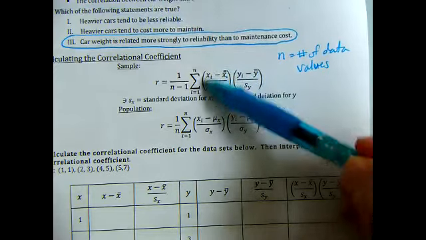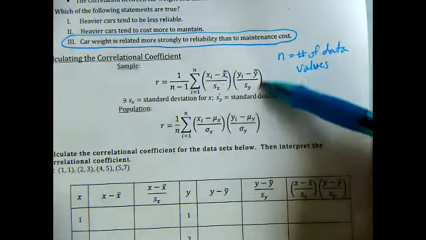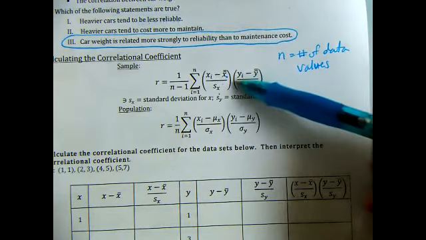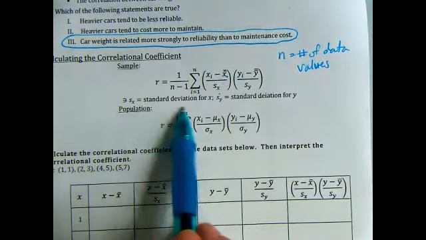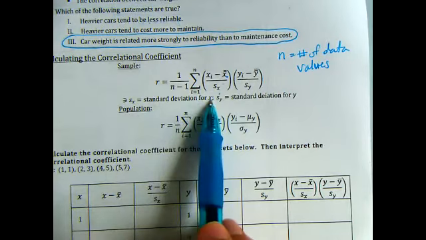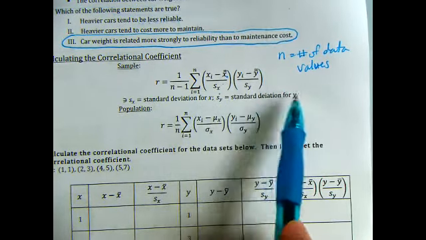So each one of these times its y value minus the y mean divided by the y standard deviation. So our standard deviation, S sub x, is our standard deviation for x. S sub y is our standard deviation for y.